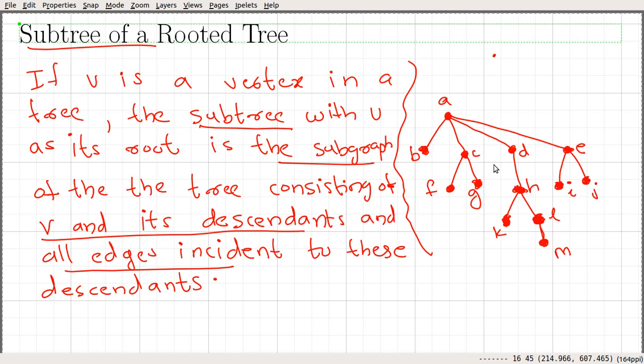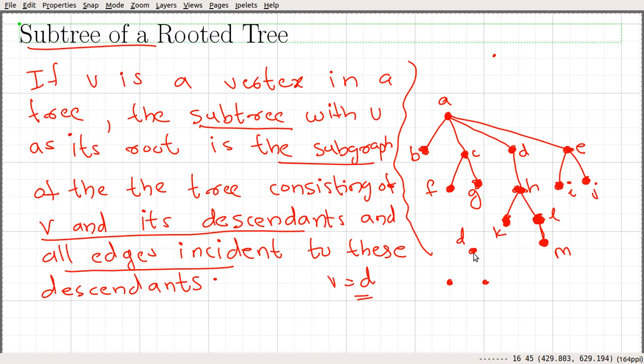For example, let's consider V to be equal to D. We will consider D along with all the descendants. D along with all descendants contains these vertices: D, H, K, L, M. And all the edges incident to these descendants will give a subtree rooted at D. So if we set V equal to D, then the subtree rooted at D will look something like this.